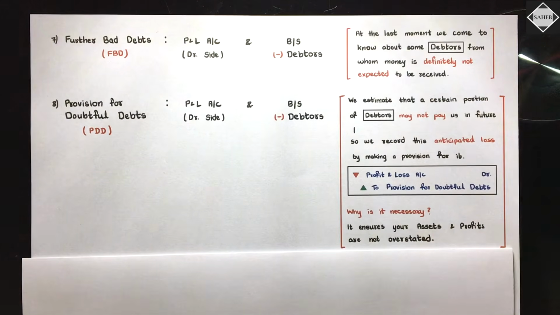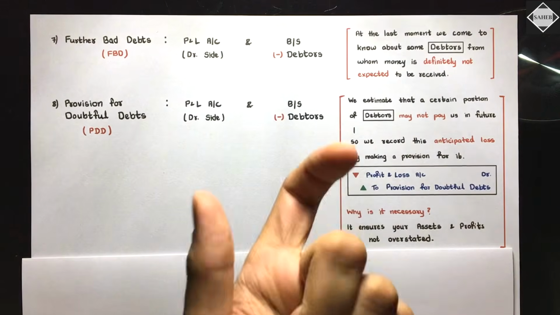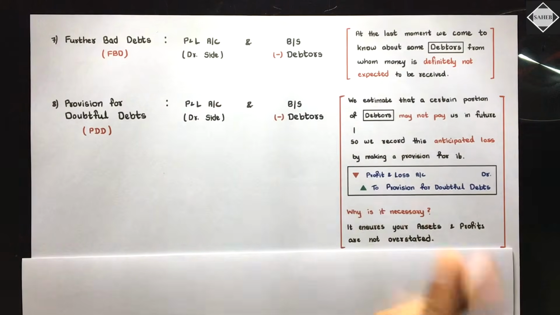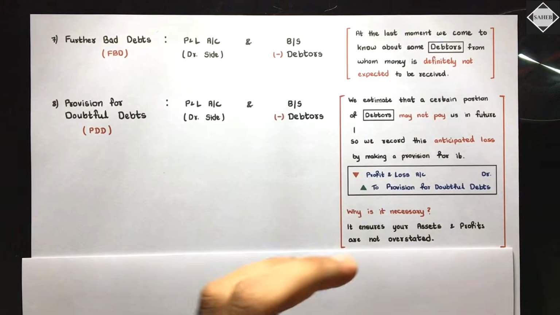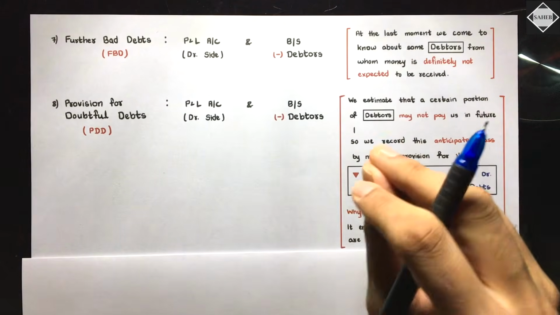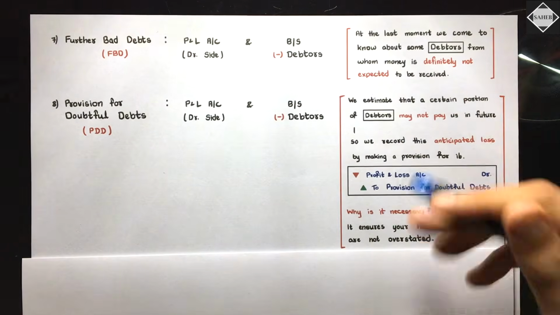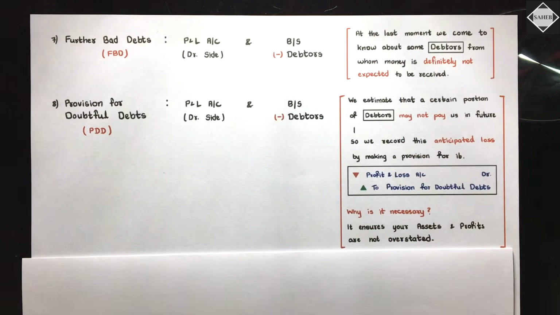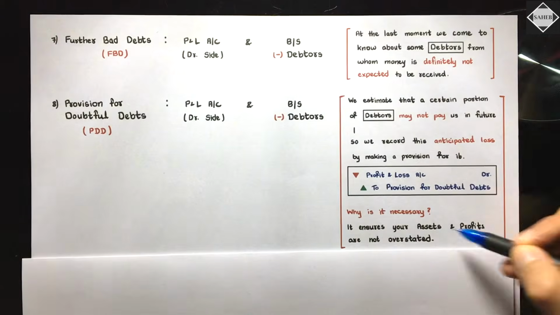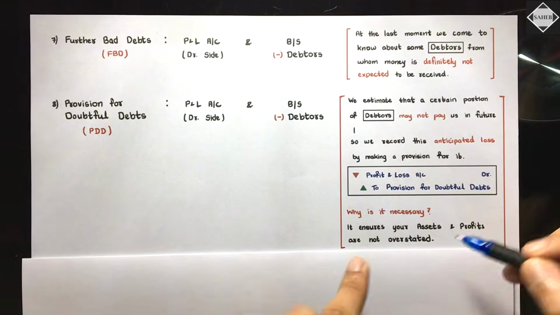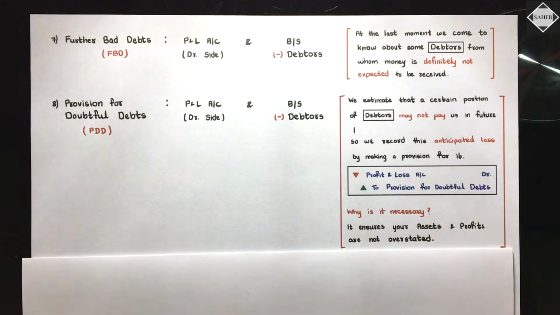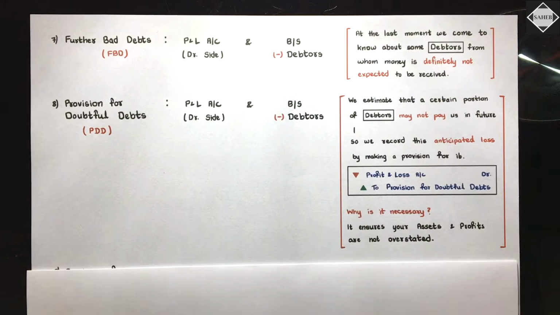You have already shown the true value of your assets: my asset value is not 1 lakh, it is 95,000, and 5,000 can be a loss in future. You're ensuring that in your financial statements, your assets and profits are not overstated. That is the logic of making this provision. Is that clear?